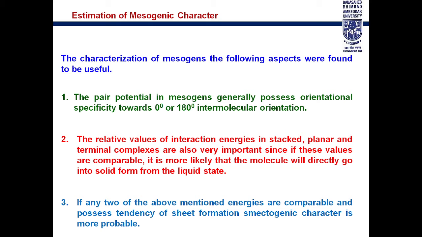The relative values of interaction energy in stacking, planar, and terminal complexes are also very important, since if these values are comparable, it is more likely that the molecule will directly go into solid form from the liquid state. If any two of the above mentioned energies are comparable and possess a tendency of sheet formation, smectogenic character is more probable.